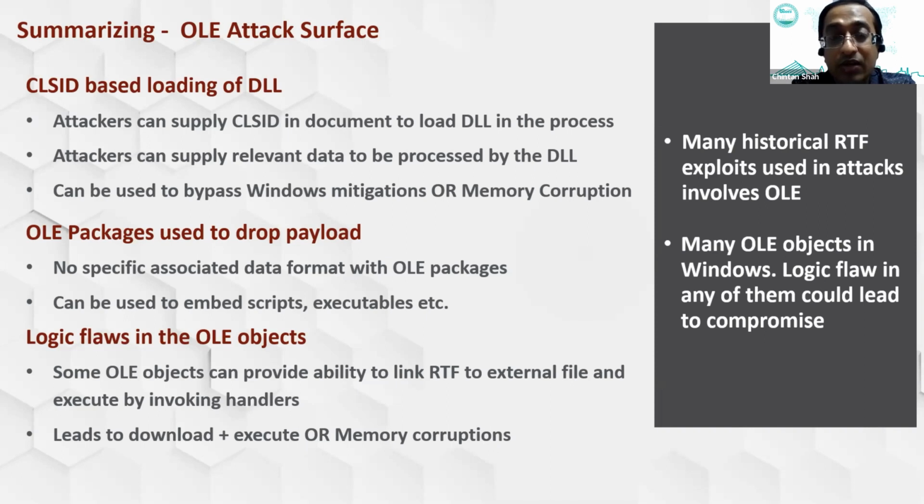That's one of the facts that attackers have been taking advantage of, and many OLE objects can allow attackers to link your RTF to an external file or external resource, and invoke the respective handlers to execute that external resource. So if it is an HTA file, it can invoke mshta.exe to execute the HTA file. That can lead to arbitrary code execution.